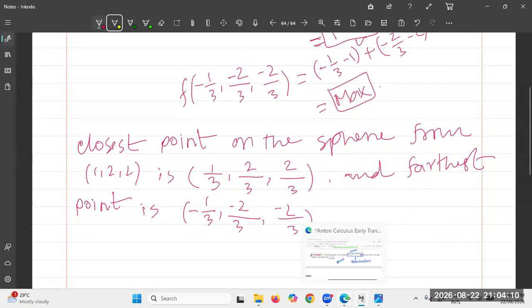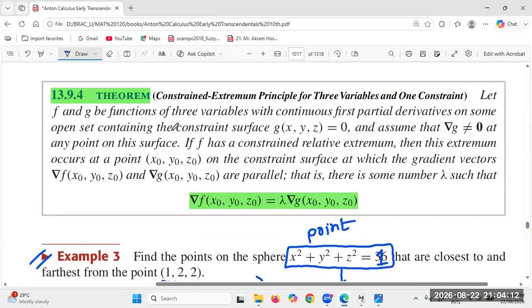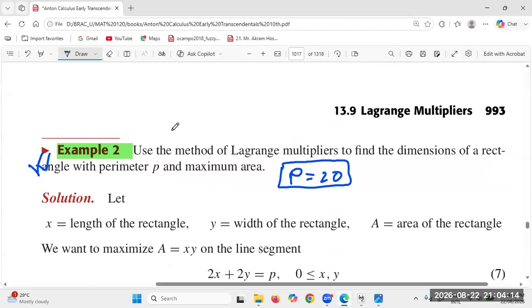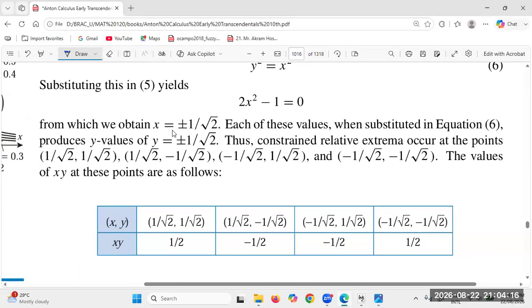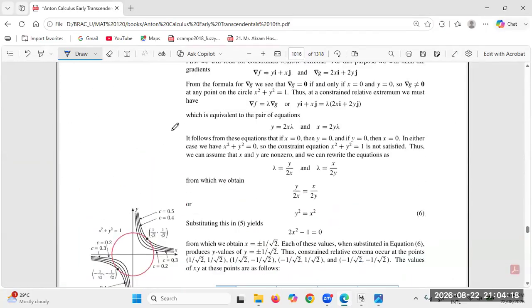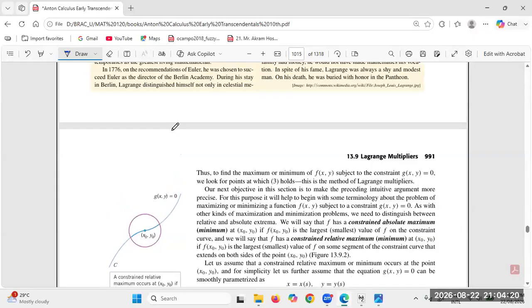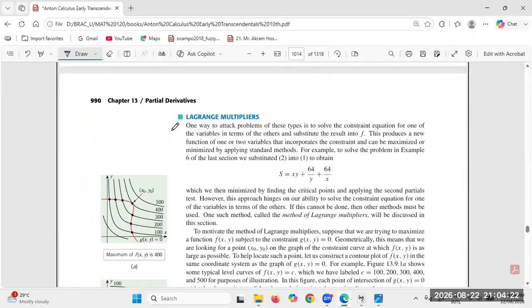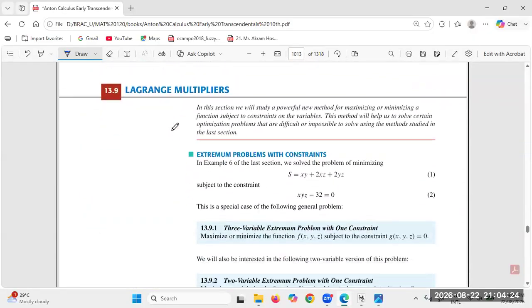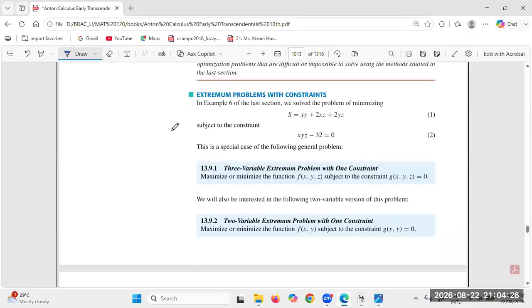So you need to practice all of the problems, at least the exercise problems from section 13.9, Lagrange multiplier.